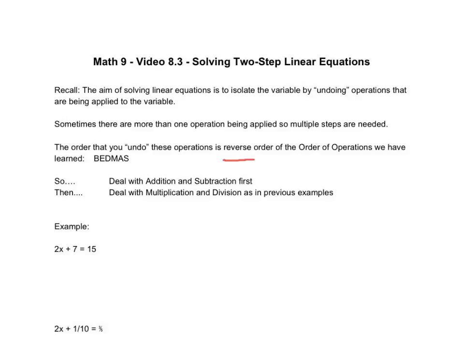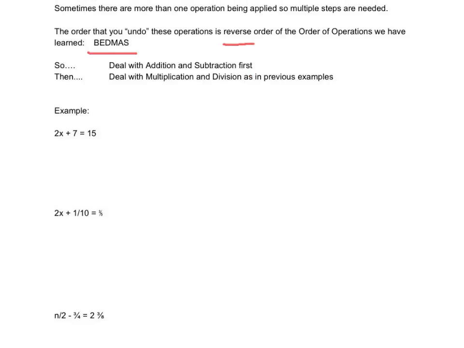Remember, order of operations is BEDMAS: brackets, exponents, division and multiplication, and then addition and subtraction. We're going to flip that around so that we deal with addition and subtraction first, and then multiplication and division, like we've done in the previous couple videos. So let's show you what that means. We've got an example here.